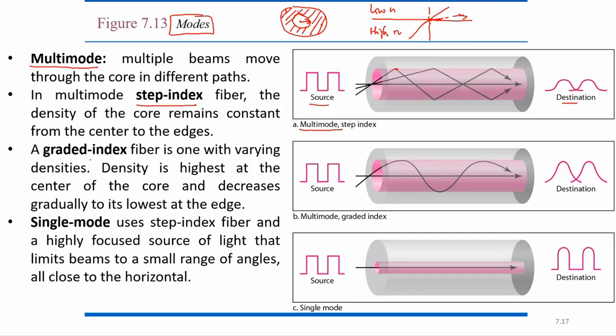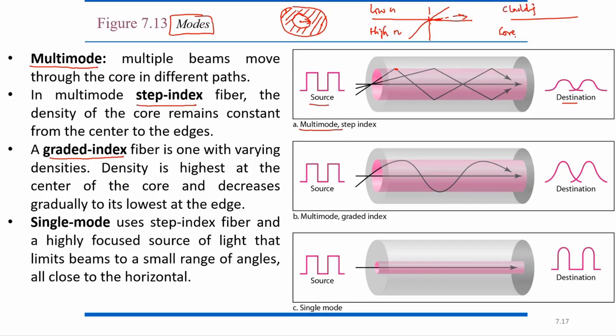Another one is graded index fibers. In graded index, the density going from the center to the edge keeps on changing. Suppose this is the core and this is the cladding.